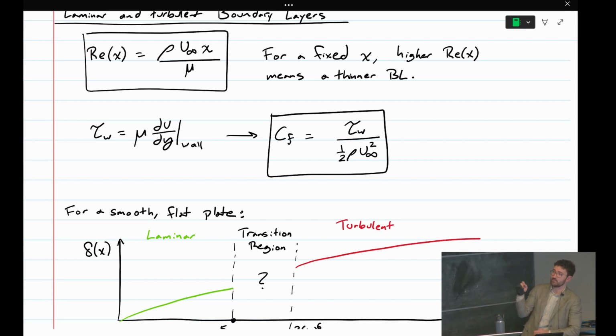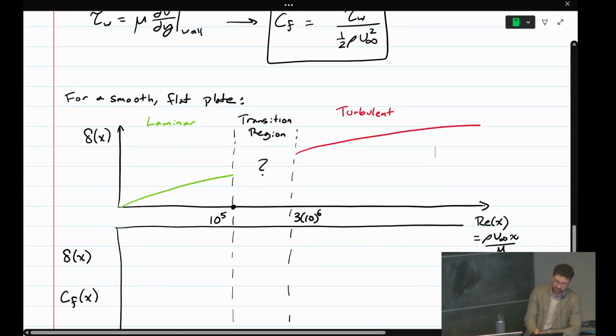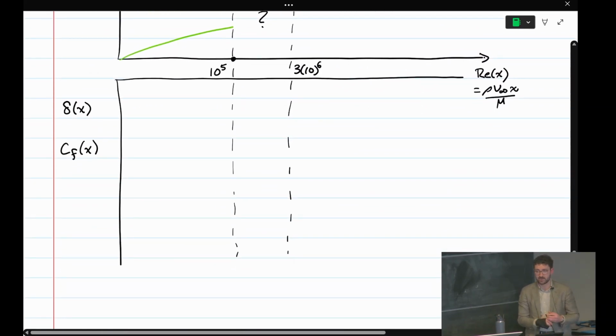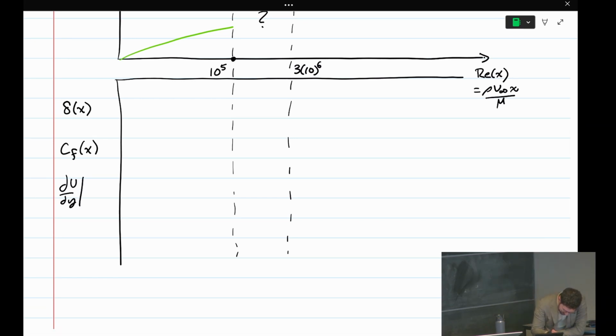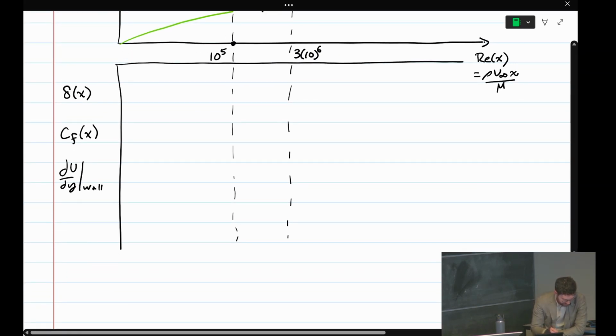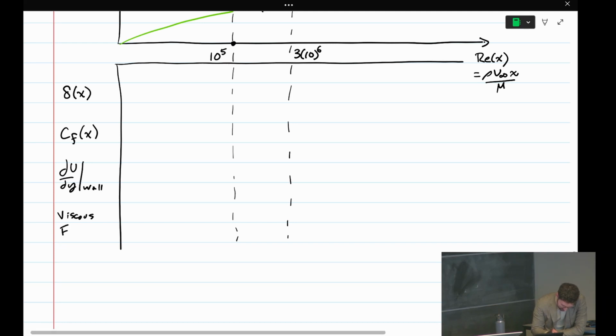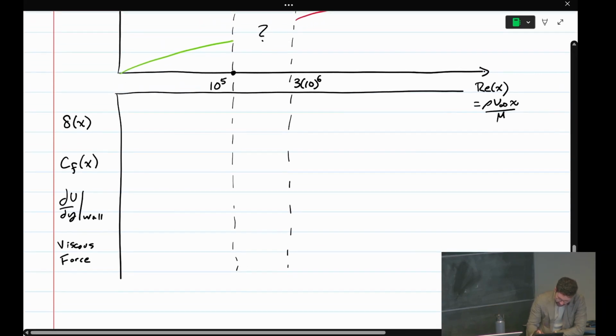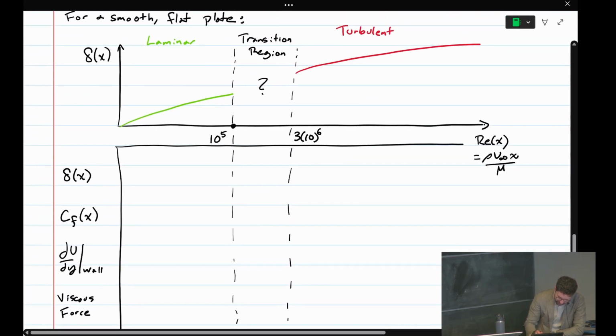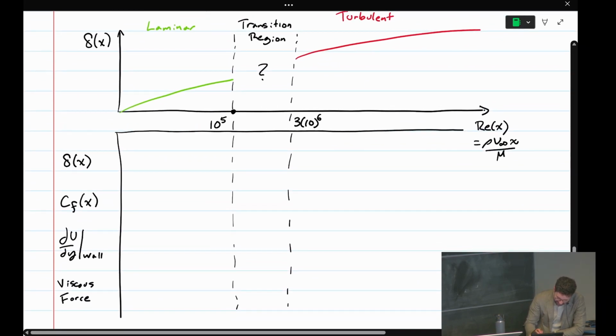Because du dy at the wall, the slope at the wall, changes along this developing boundary layer. So skin friction coefficient is a function of x along our developing boundary layer. Du dy at the wall changes, and so does the viscous force. So I'm going to give some expressions here for these different quantities.